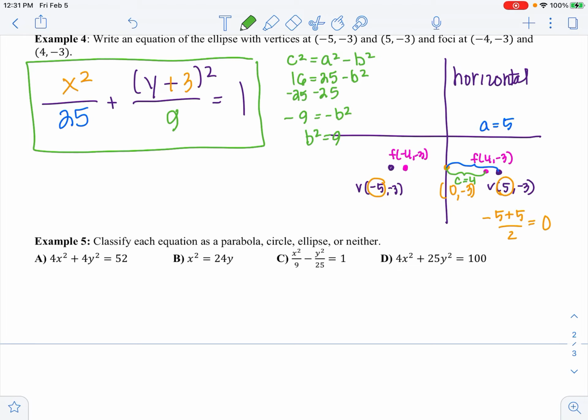We know it is an ellipse if there's an x squared and a y squared, there's addition separating them, and they have different leading coefficients. We know it's a circle if they're the same. If it's an x squared and a y squared with a minus separating them, it's neither.